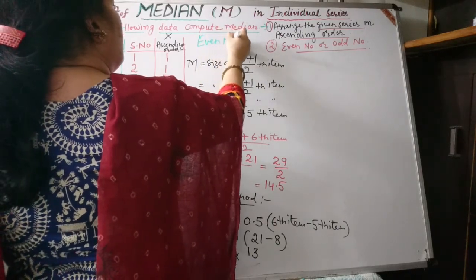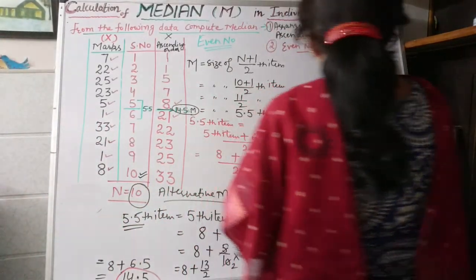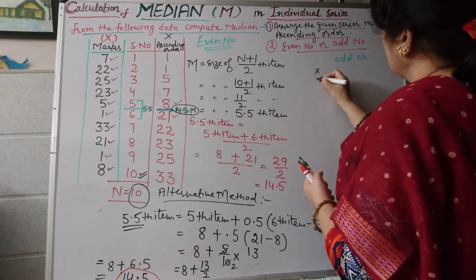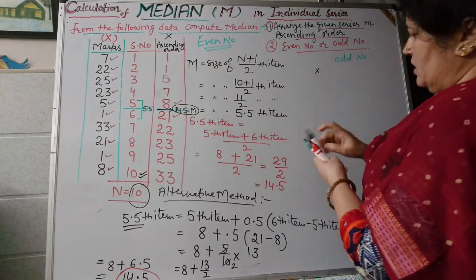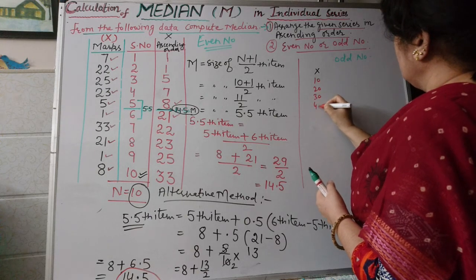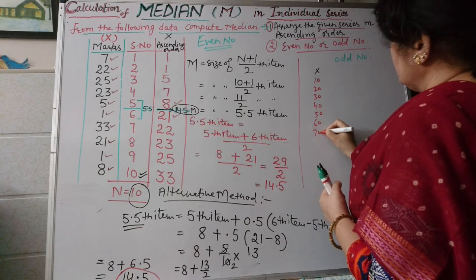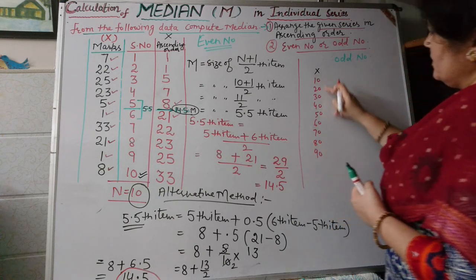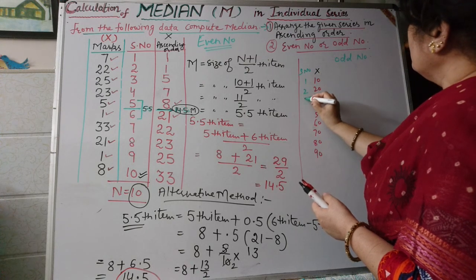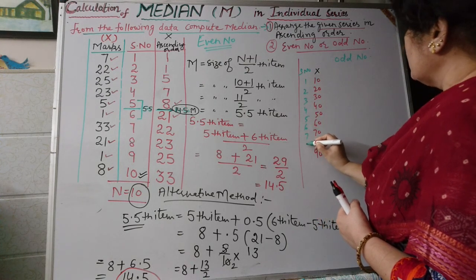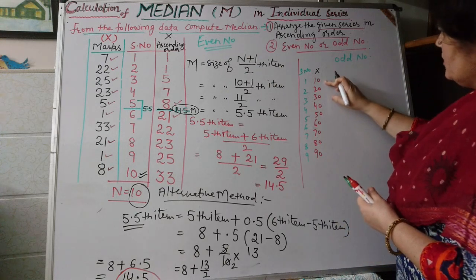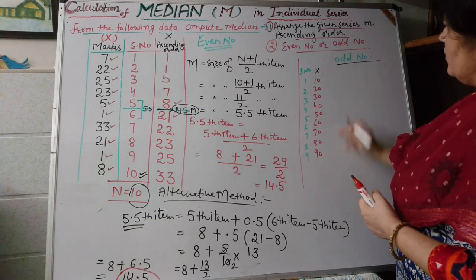Now suppose that odd numbers are given. Suppose the values of x, given in ascending order also, are 10, 20, 30, 40, 50, 60, 70, 80, 90. These are the values of x, and here serial numbers 1, 2, 3, 4, 5, 6, 7, 8, 9. So let us put the formula, because the series is already in ascending order.